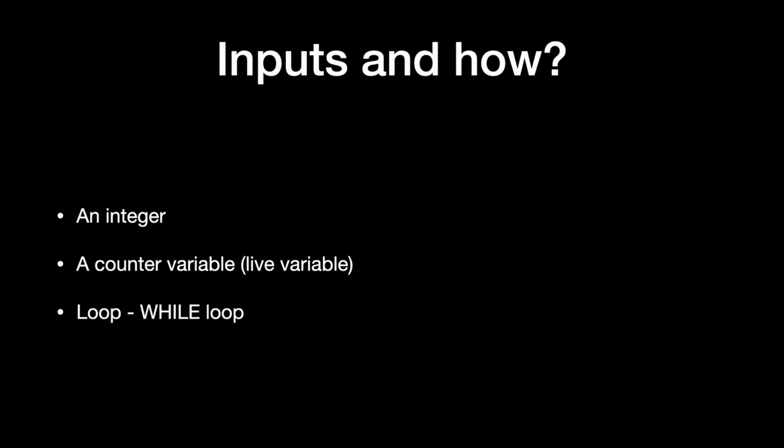Next, as I mentioned before, we need a counter variable which will keep track of our iterations, and that basically means we will be doing a series of tasks which have to be repeated multiple times. In programming, generally if we want to repeat tasks multiple times, we use loops. So here we'll be using a while loop, specifically.